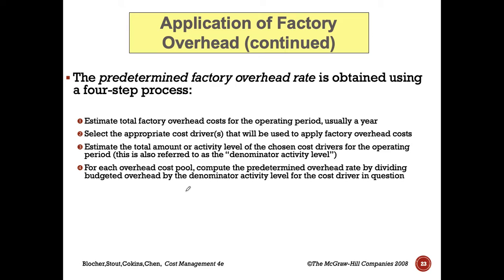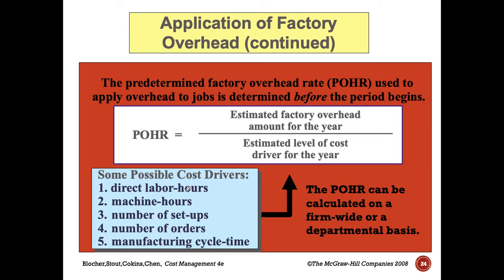This is also referred to as the denominator activity level. For each overhead cost pool, compute the predetermined overhead rate by dividing budgeted overhead by the denominator activity level for the cost driver in question.